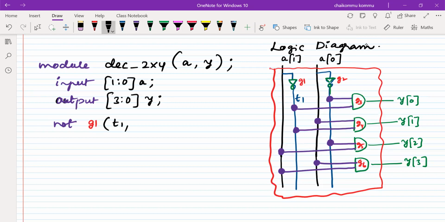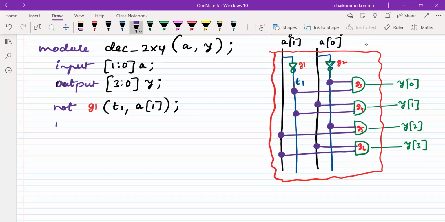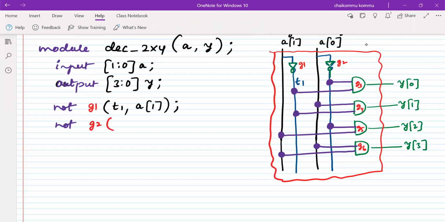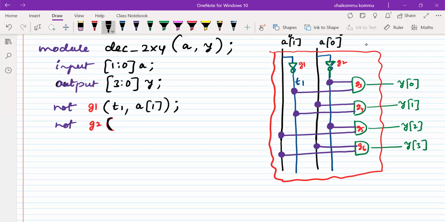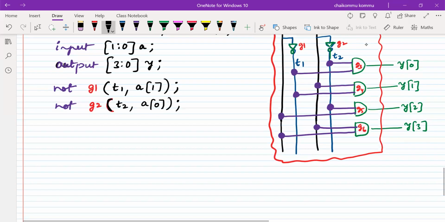The input is A of 1, coming directly. Next, we have another NOT gate called G2. We name its output T2, and its input is A of 0.